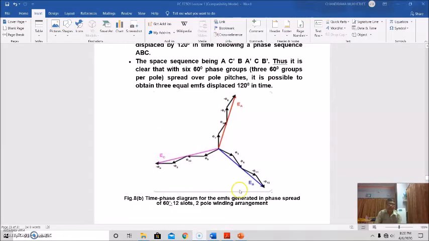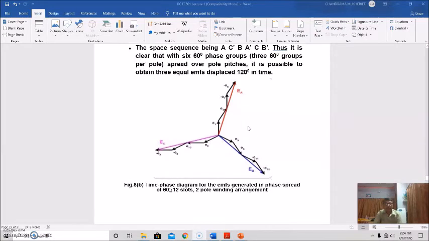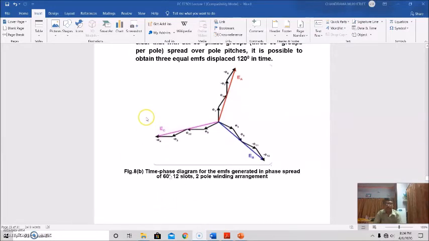Thus, it is clear that with six 60-degree phase groups, 3 60-degree groups per pole, spread over pole pitches, it is possible to obtain 3 equal EMFs displaced 120 degrees in time, and that is shown here.